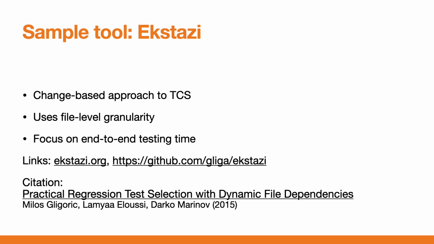Even if you change a very small part of the file, anything that has to do with any part of that file will be selected. The disadvantage of that is that you have the potential of selecting more tests than a finer tool. But the advantage is that it takes less time to do so, and depending on your test suite, it can be faster to select more tests and run them than to spend a lot of time carefully selecting each test case.